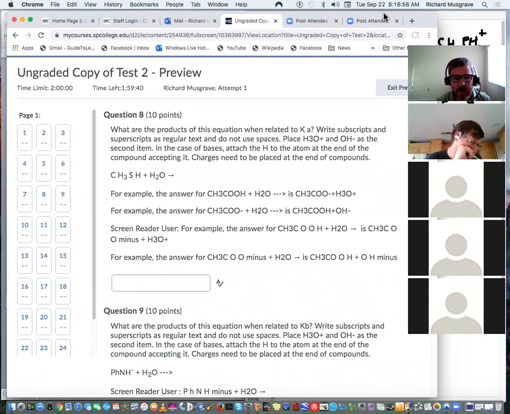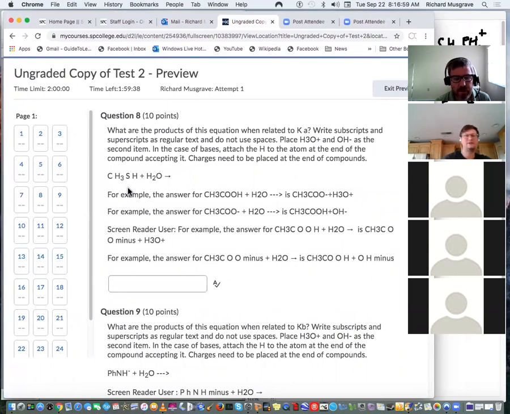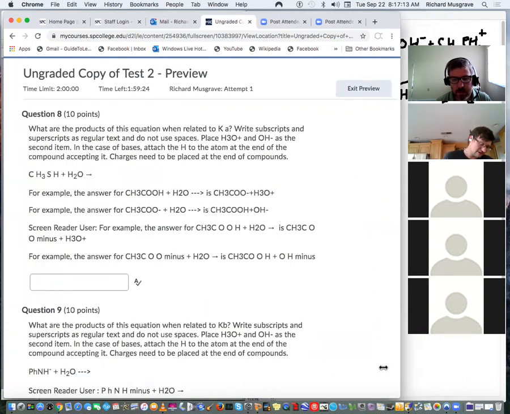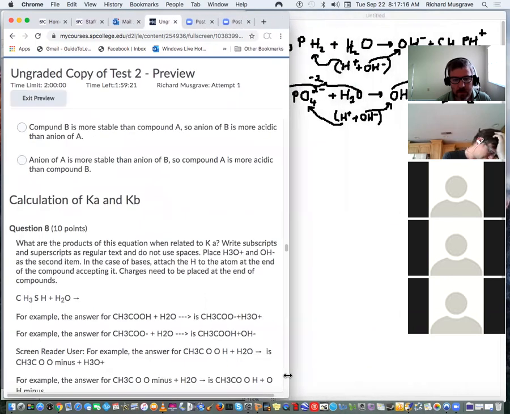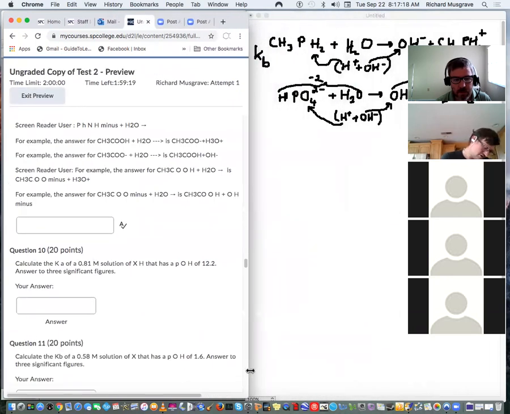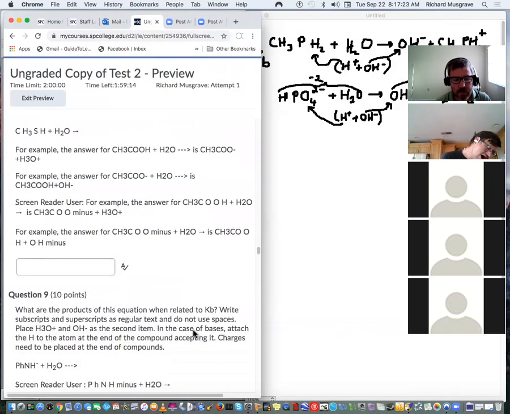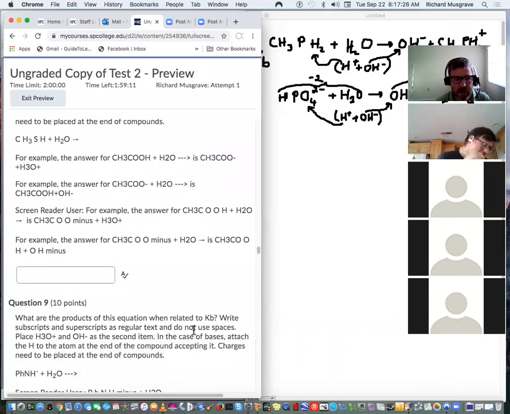Why don't you all try this one? Just see if you can come up with it on your own. Now it says KA for this one, and then for kicks, you can try this one, the KB. So the top one's for KA, the second one is for KB. I know I've chopped up the top of the question there.